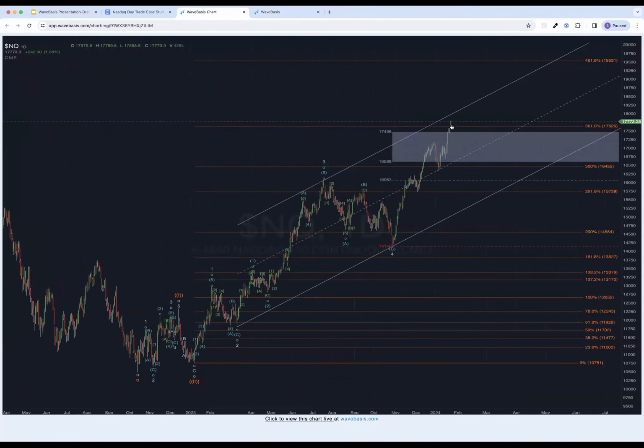And as we can see, we're a little bit over that area. This channel here is just a standard Elliott Wave channel. We can see not only are we extended beyond where we would typically expect reversal to begin, but we're quite near the top of the channel, which is another indication that perhaps a reversal is due.